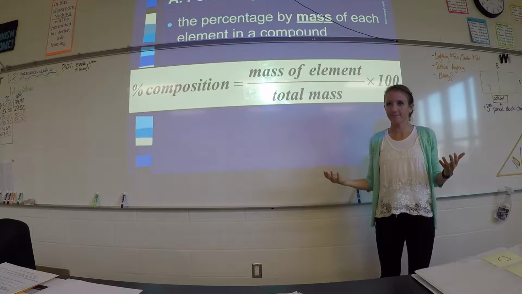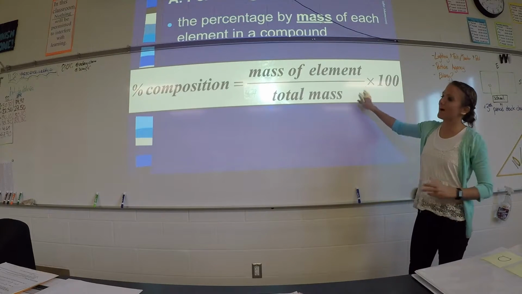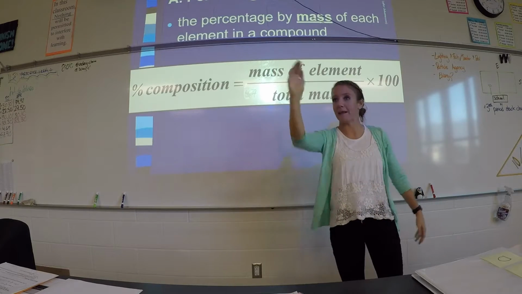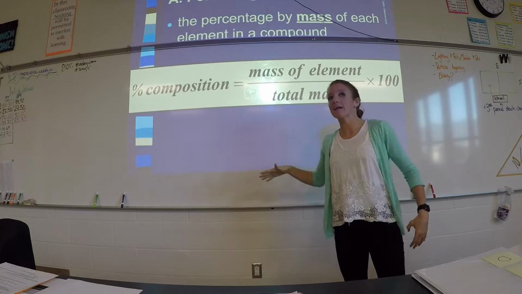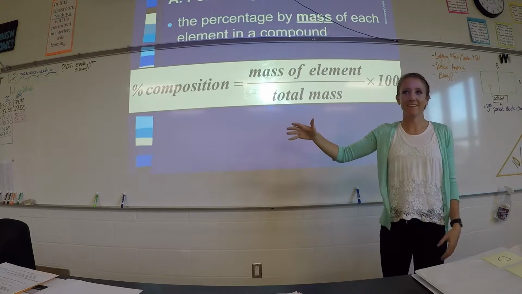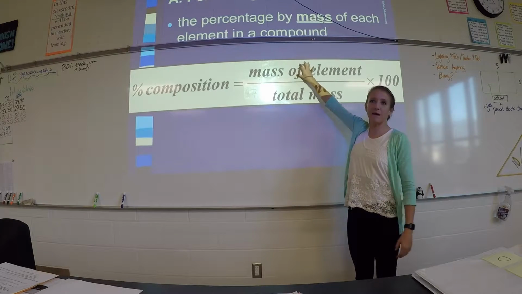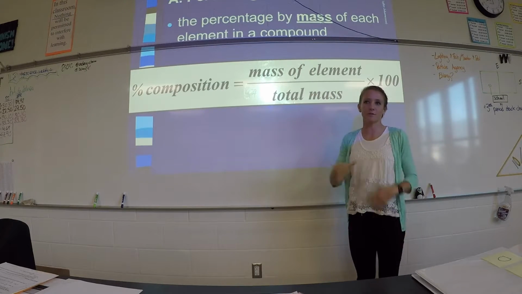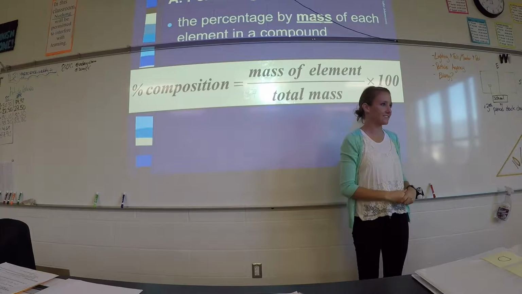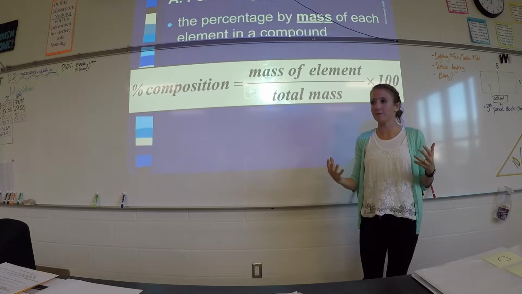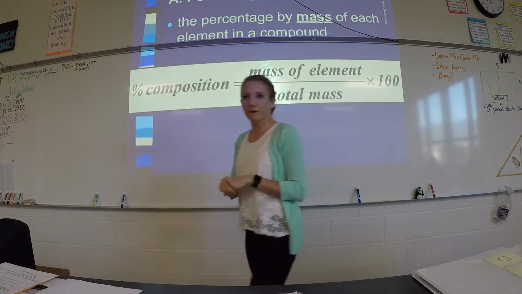If we wanted to find the percent composition of Ben, we would add up how much we all weigh together, and then we'd have the mass of Ben on top divided by the total to find the percent of Ben in the class. So that's kind of what we're going to be doing, except with a compound.